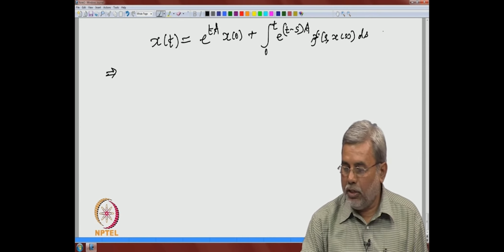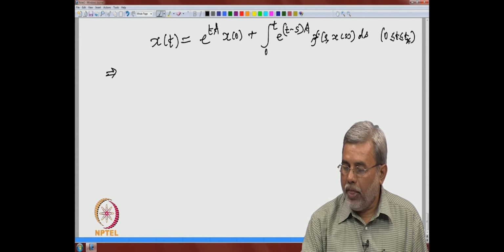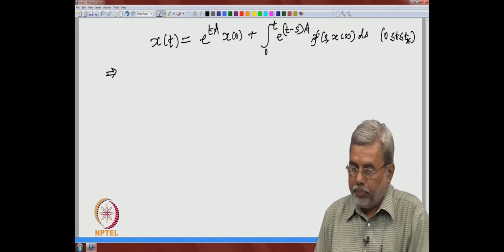Remember this is valid only for short t. Our aim is to extend this to all t.